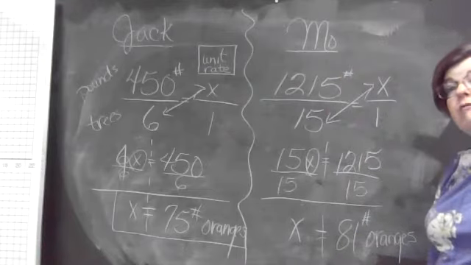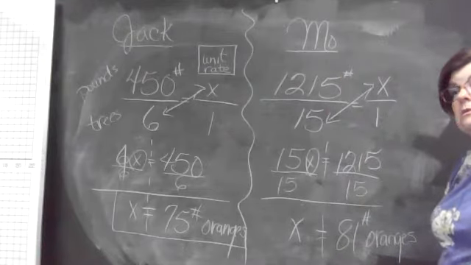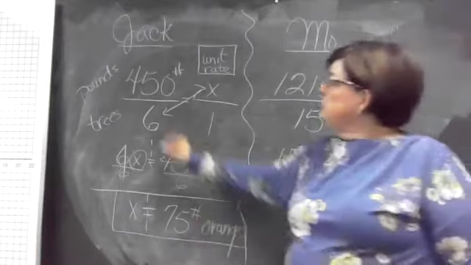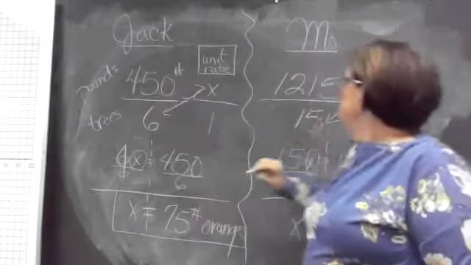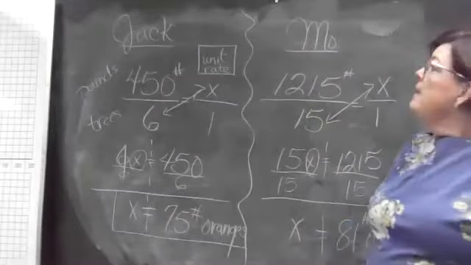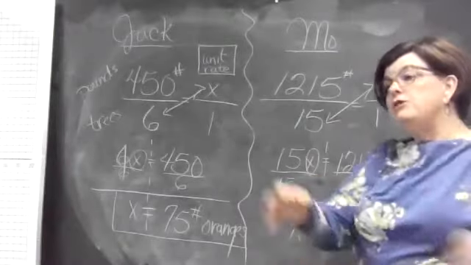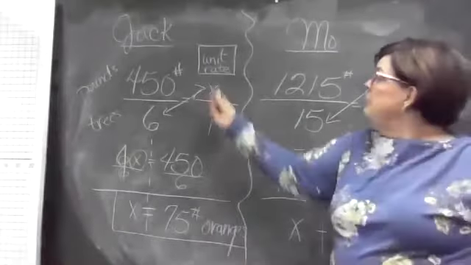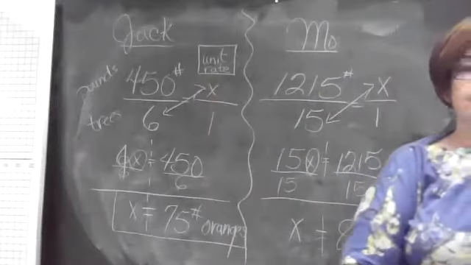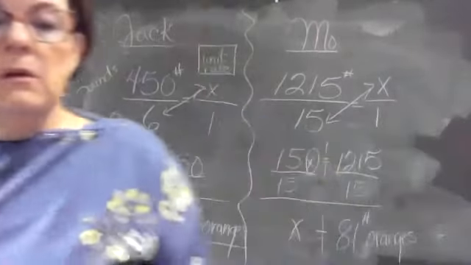That's how you'll do everything on this page. In the beginning, somebody tried to take this equal to this, which is what I've been teaching you all along. But if you want to compare two different things, you need to pull each one of them down to the unit price.